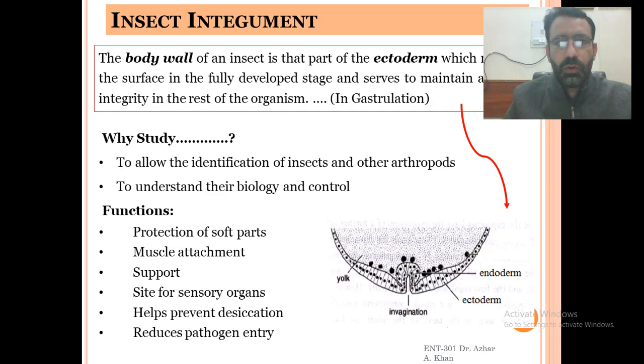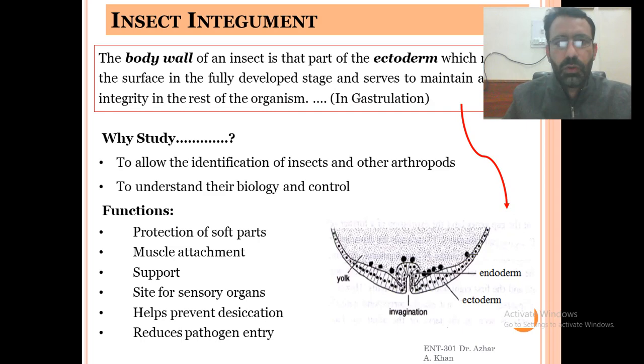Due to its structural rigidity and layered construction, the integument is considered the primary defensive structure of an insect.